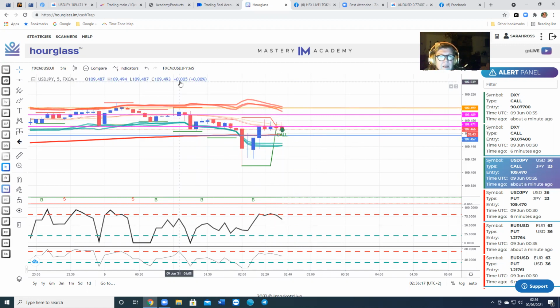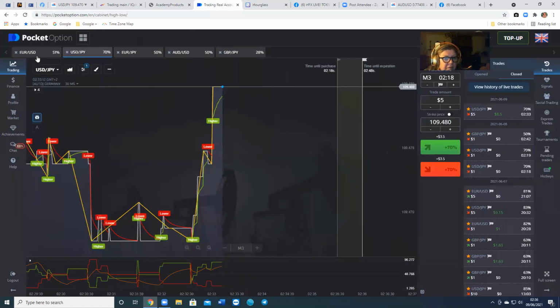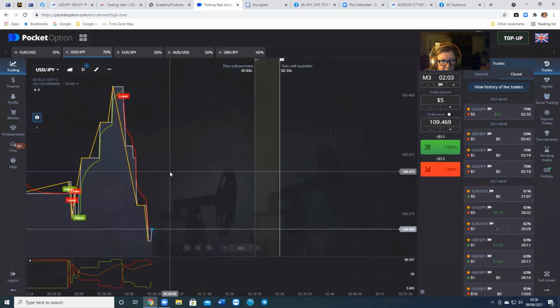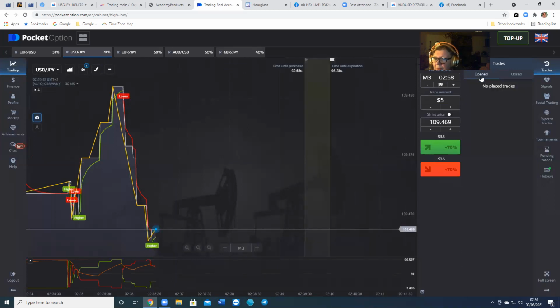So let's see what else we can look at in terms of one more trade before the 45. At 70%, we don't want to be trading. It's really only USD JPY. Put that back on open, no place trades. So I'm 2-1 at the moment, 1 break even and 1 win.